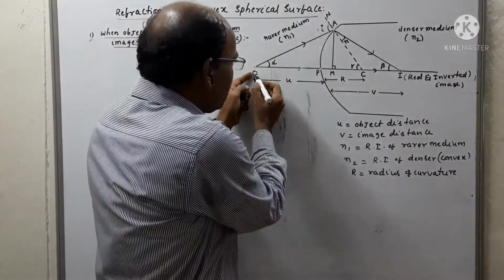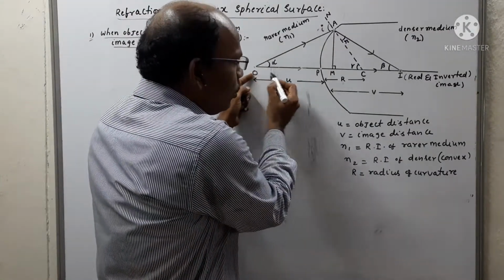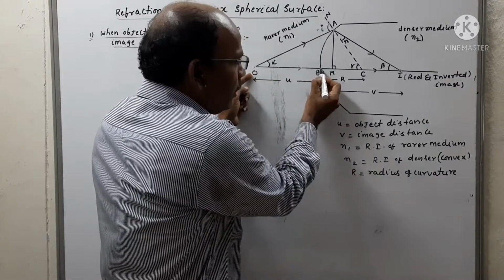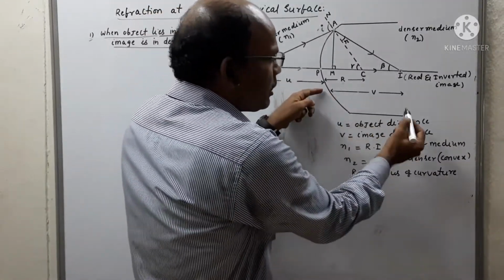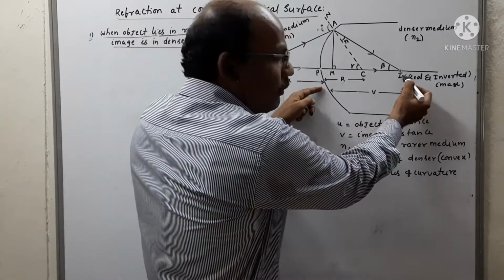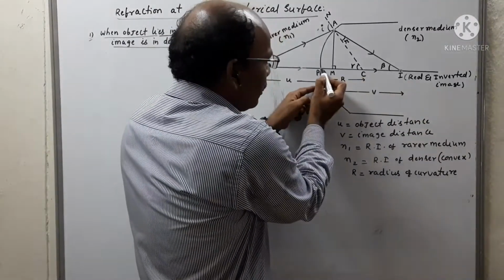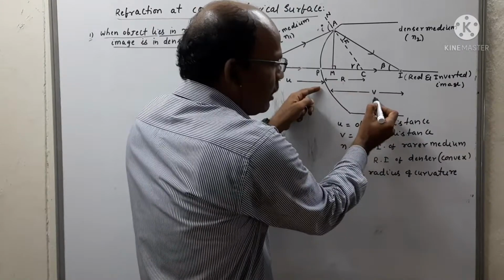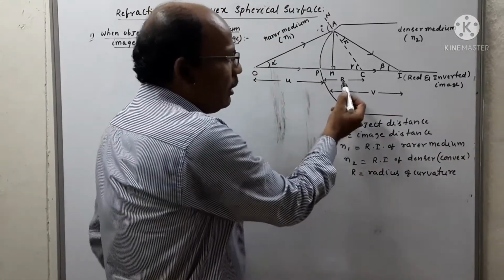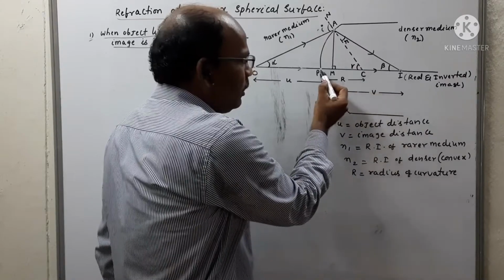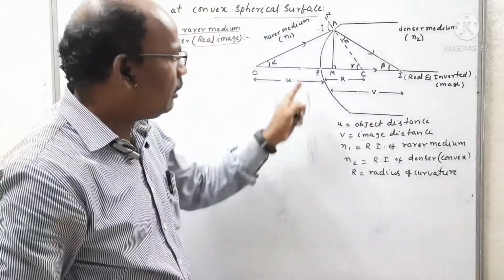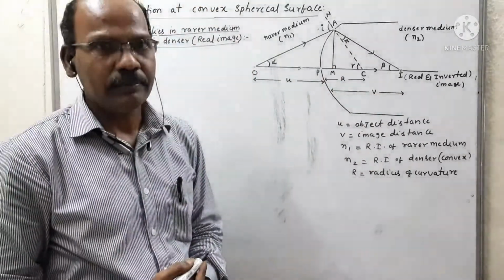The object distance is from O to P, the pole of the convex surface, that is u, and the image distance, from the image point to the pole, is called the image distance v, and the distance from the center of curvature to the pole is called the radius of curvature.